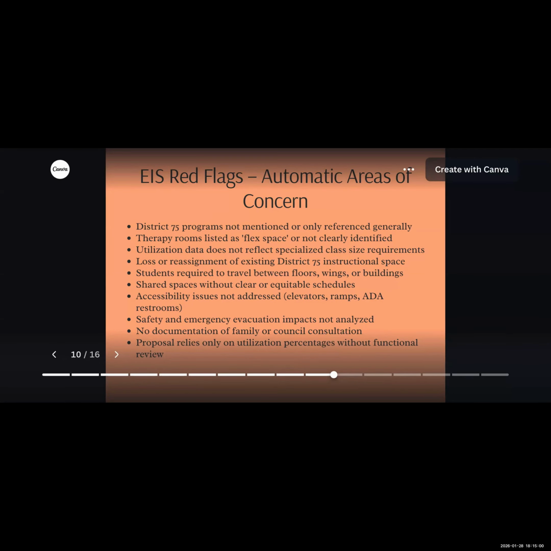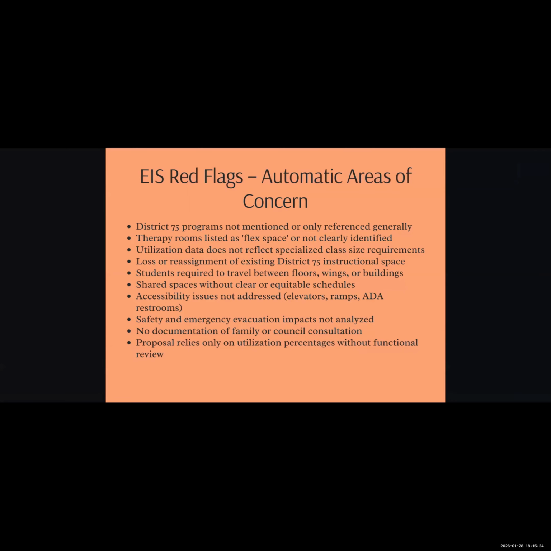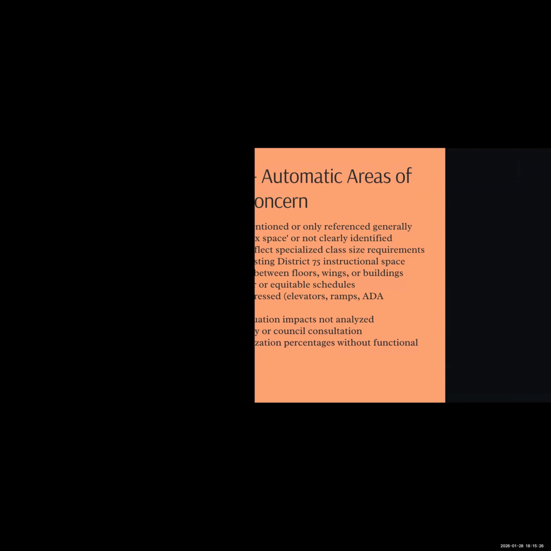Utilization data does not reflect specialized class size requirements, or loss or reassignment of existing District 75 instructional space. Students required to travel between floors, wings, or buildings. Shared spaces without clear or equitable schedules. We can't assume that space is going to be ours. It should be clearly stated.